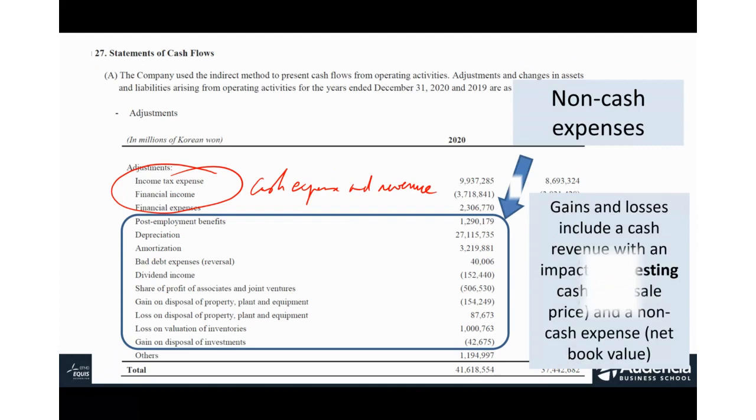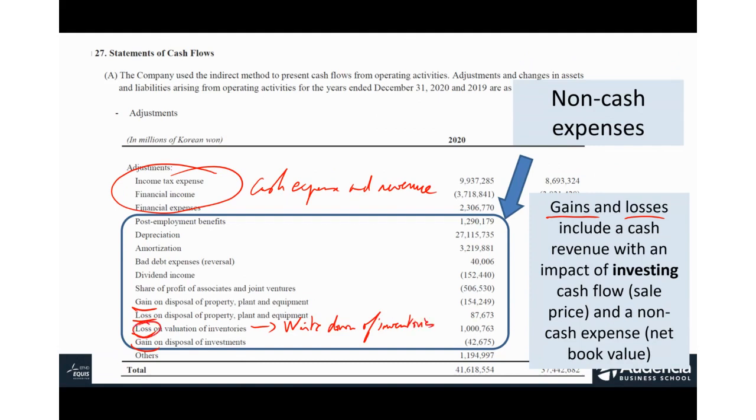I eliminate all the gains or losses: gain on disposal, loss on disposal, loss on valuation, gain on disposal. So here I have the write down. In reality, I have the write down of inventories. I don't know why they use the vocabulary loss.